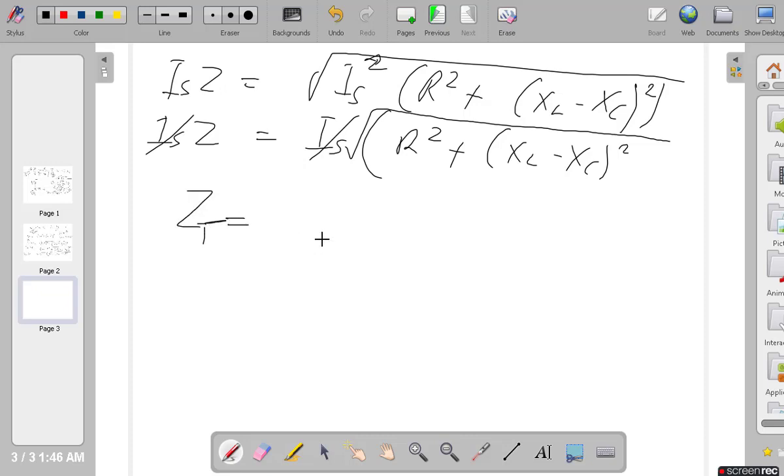I wanted to come to the formula for the total impedance of the circuit: it's equal to the square root of R squared plus, because the IS and IS cancel, XL minus XC squared.